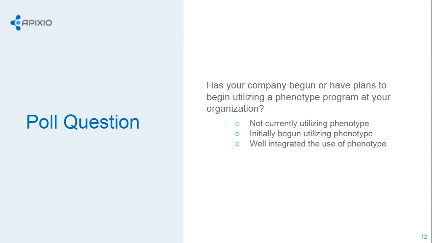So here's the question: has your company begun or have plans to begin utilizing a phenotype program at your organization? Three responses, either not currently utilizing, initially begun utilizing, or well integrated in the use of phenotype. So we'll just pause here for a second or two and let you respond.